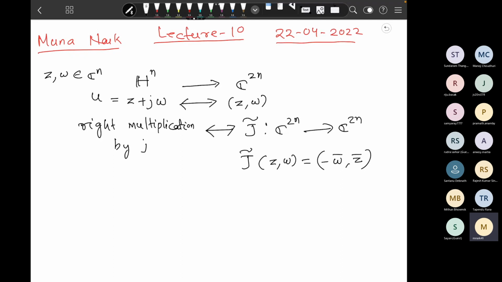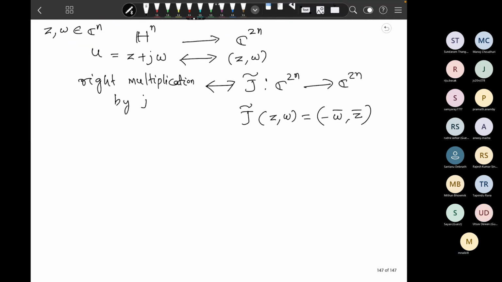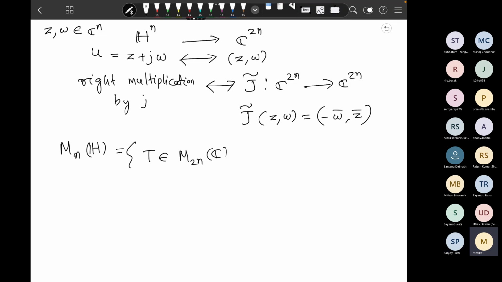So now analogous to the real complex case, you can identify this MnH, the H-linear maps on Hn, as T belongs to M2n(C) so that T J tilde is equal to J tilde T.